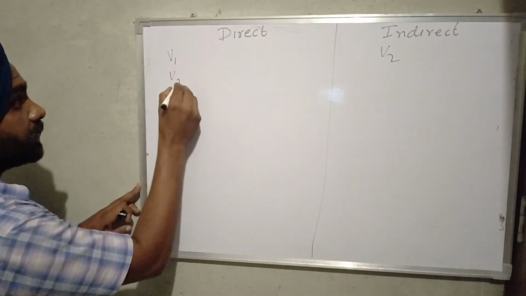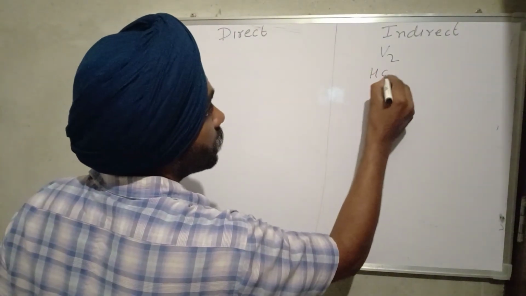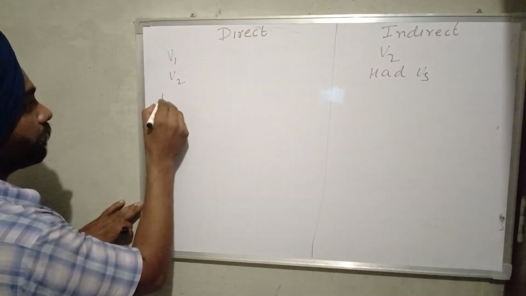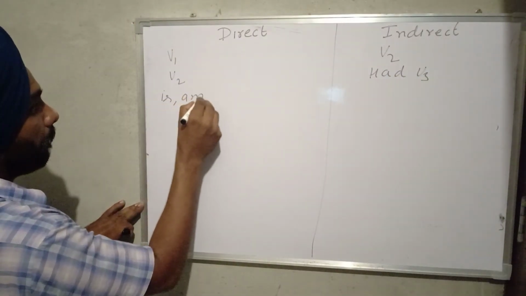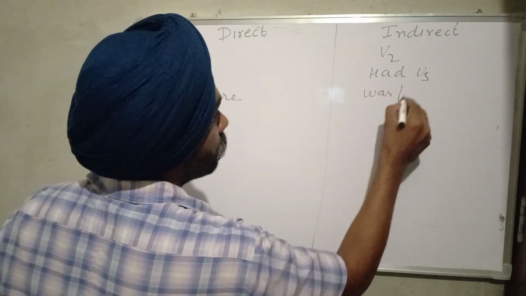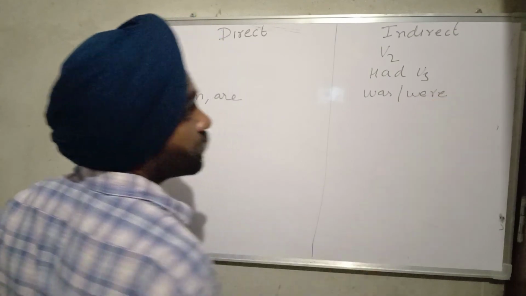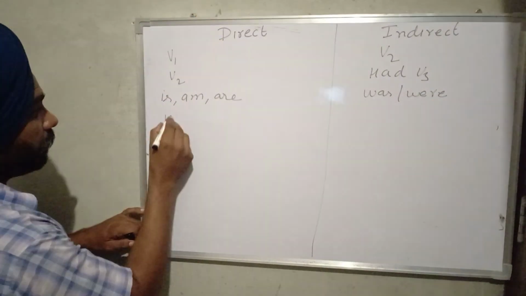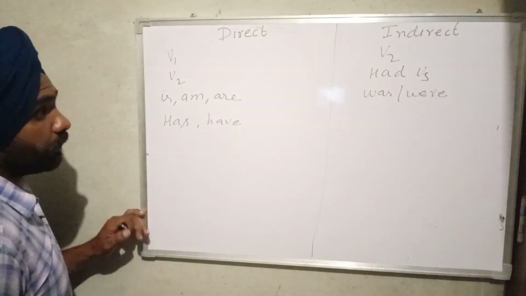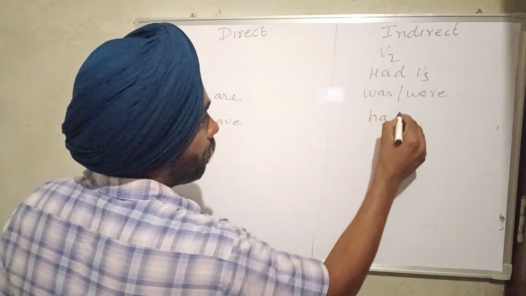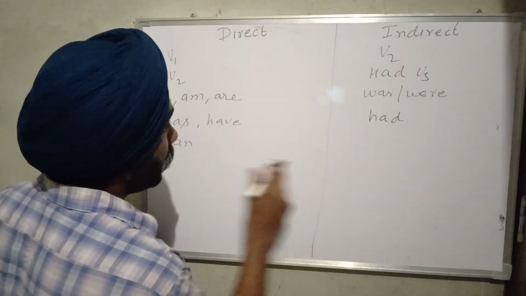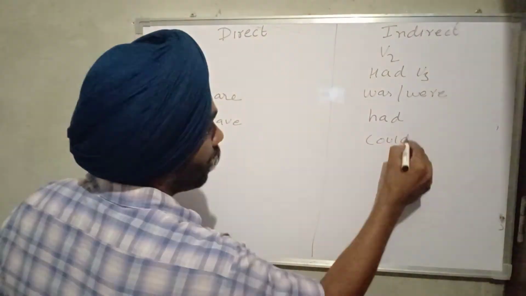If we have verb second, it becomes had plus verb third. If we have is, am, are, it changes into was, were. If we have has, have, it changes into had. If we have can, it becomes could.